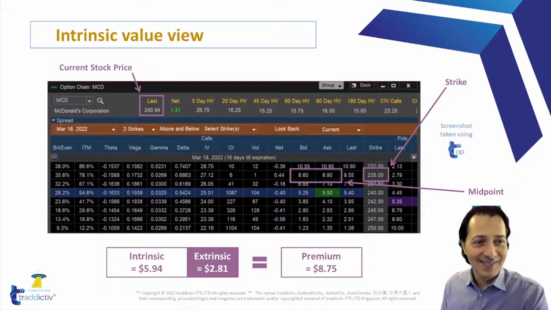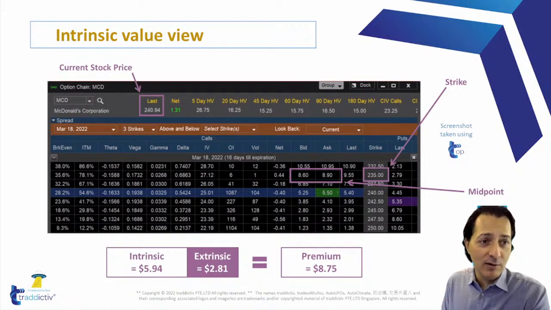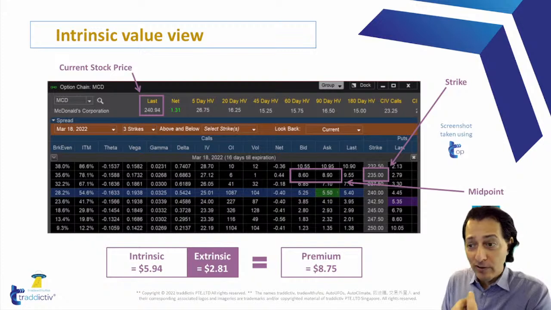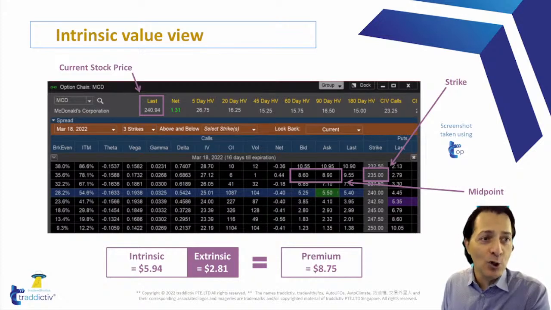Happy. Thank you so much. Yes, indeed. Why would you be happy? Because the 235 call gives you the right to purchase the stock at 235, and given that the current price of the stock is 240, that is an automatic profit. How much is the size of the advantage? $5.94.